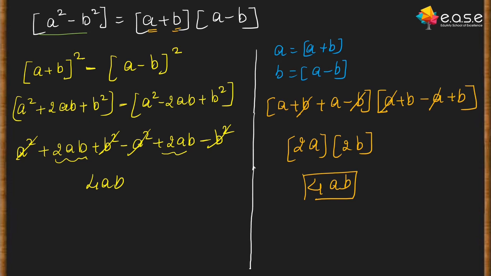So three main identities that we learned right now. Which are these identities? Let's see. The first identity which we learned is a plus b the whole square, which is equal to a square plus 2ab plus b square.